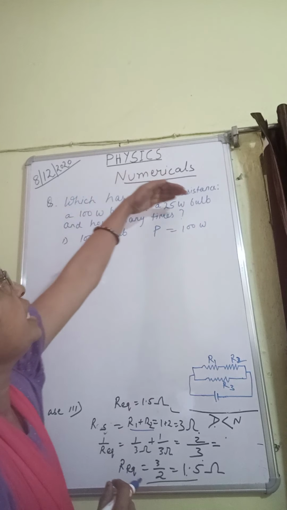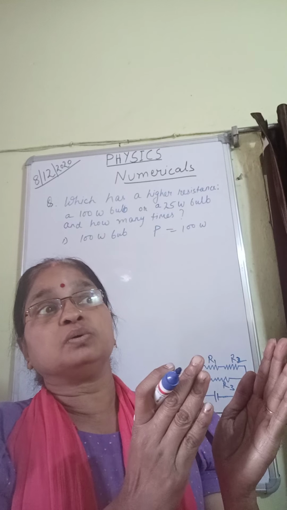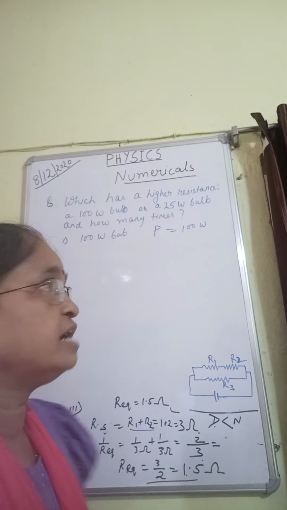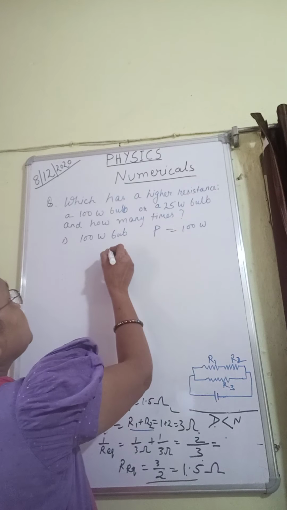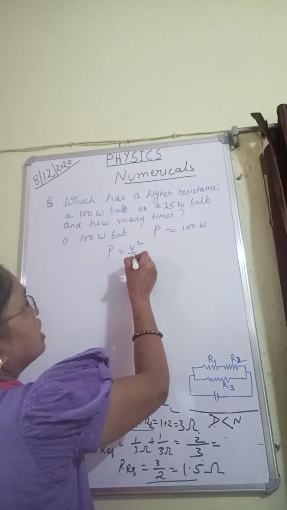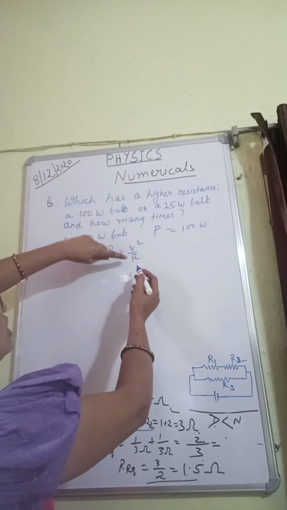Which has higher resistance? Remember the formula for how power is related to resistance, and that formula is P is equal to V square by R.